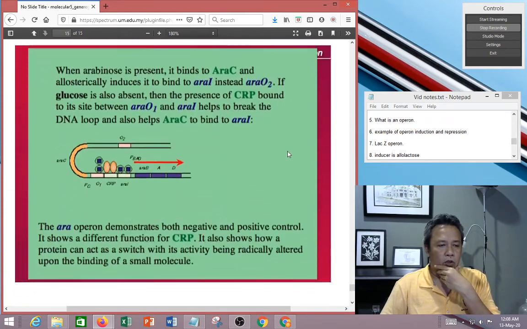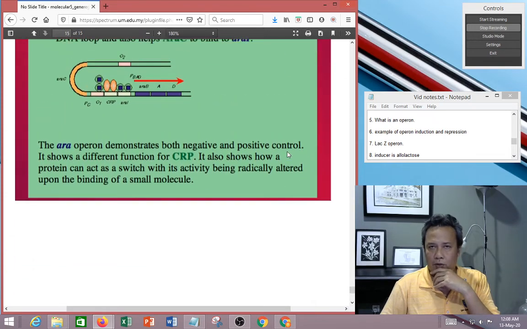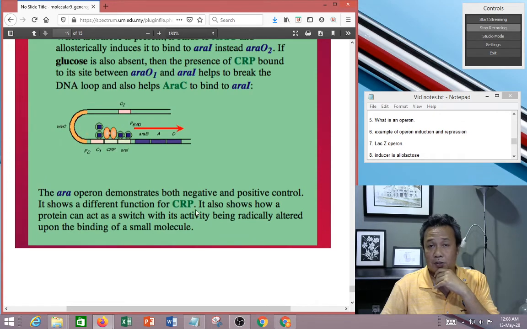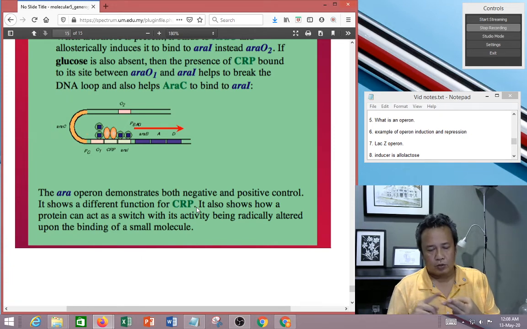So in conclusion, the arabinose operon demonstrates both negative and positive control by the same protein. So that's why it's an example. Just recap again: you have your lac operon, which is controlled by the repressor molecule and also by catabolite repression. You have the tryptophan operon that is controlled by the repressor molecule and also by attenuation.